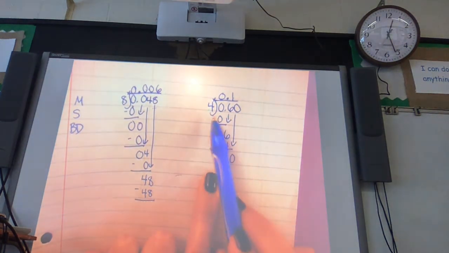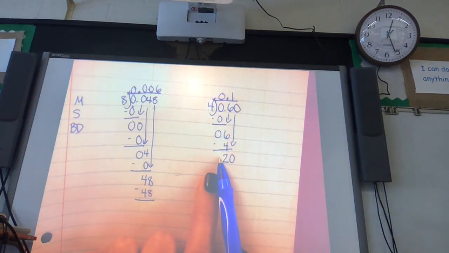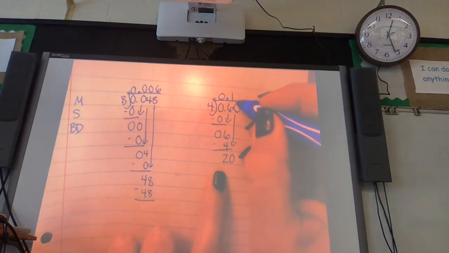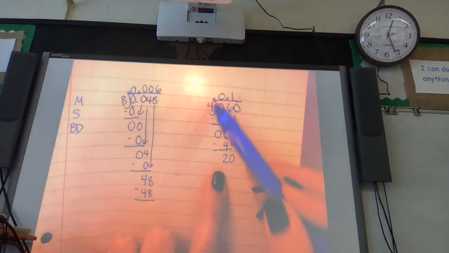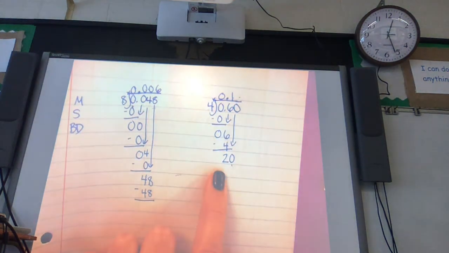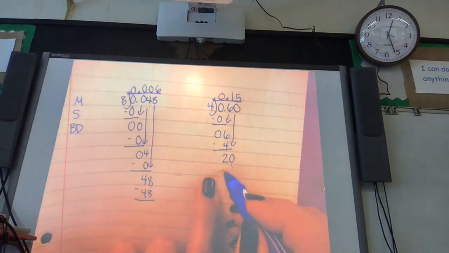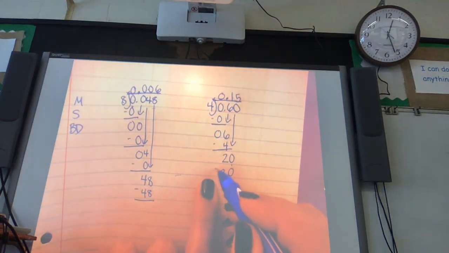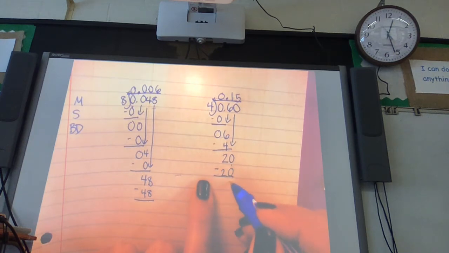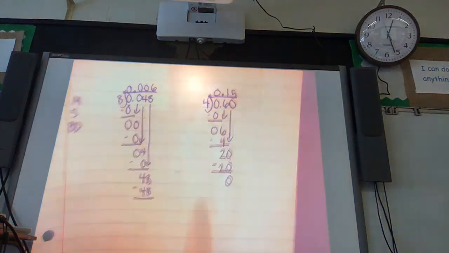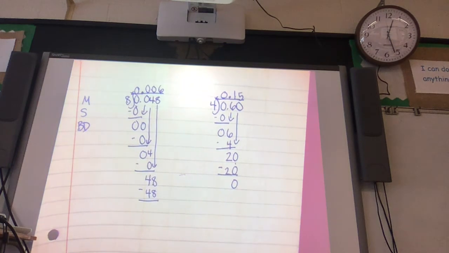Now, instead of trying to put 4 into 2, I'm going to try to put 4 into 20. So what times 4 would get me to 20 without going over? 5. 5 times 4 is 20. I've multiplied, I'm subtracting. There's nothing left to bring down. My answer is 150 hundredths.